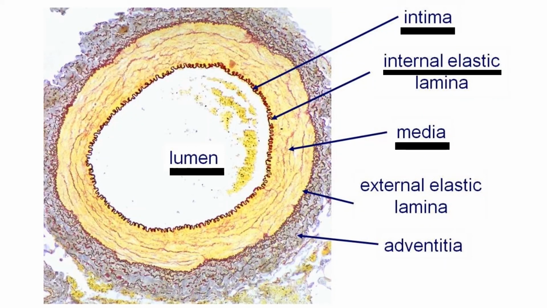Then we have tunica media, and in larger arteries we have external elastic lamina as well as an internal one. And here is the adventitia, which is very evident. The thickest layer is the tunica media.